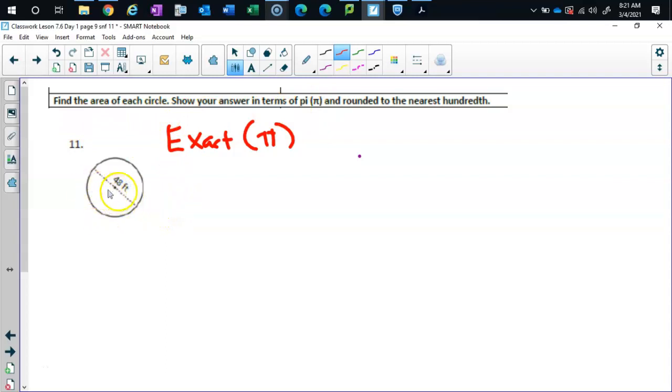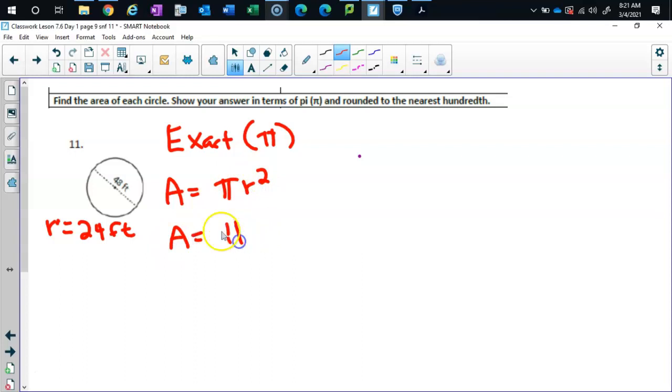All right. Hopefully you recognized that this is the diameter. You need the radius. 48 divided by 2 is 24 feet. So before you do anything, you need to find the radius. So our area is pi r squared. Area, we're leaving pi as pi times 24 squared. 24 squared is 576.